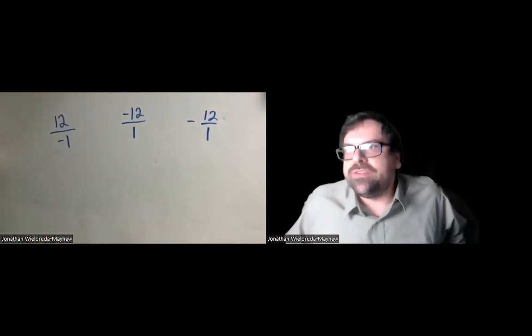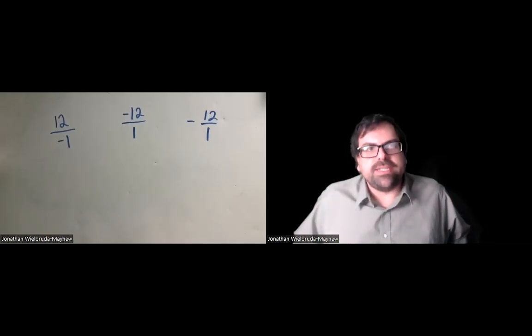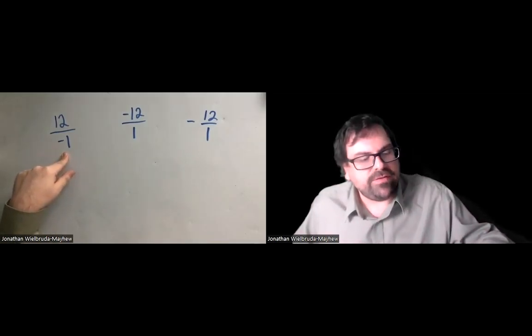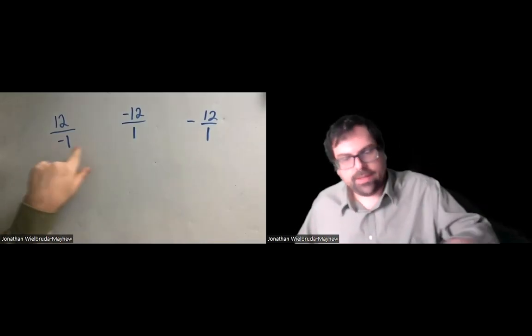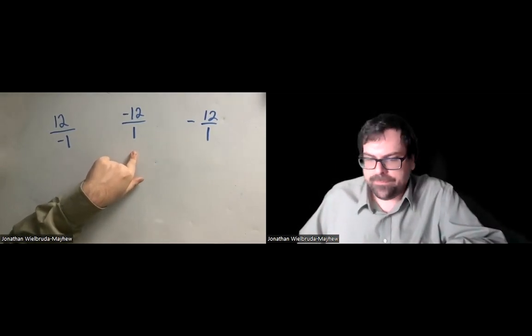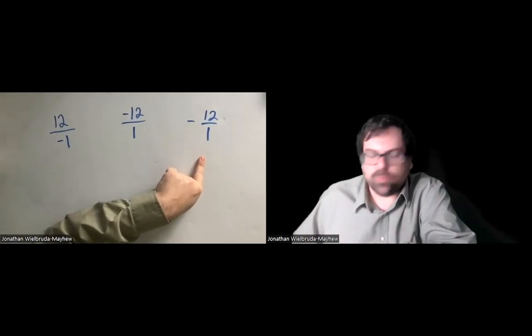So I've written 12 divided by 1 3 times. But there's a difference in that here it's positive 12 divided by -1. Here it's negative 12 divided by positive 1. And here it's the negative fraction 12 over 1.